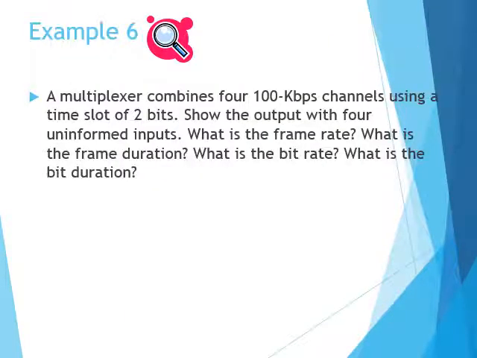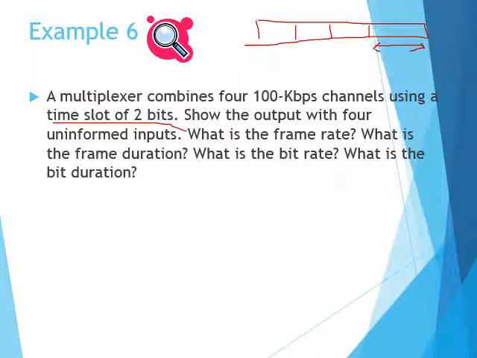Okay, so example 6, this is a bit different because each time slot is 2 bits. It means that we have 4 time slots, and each time slot contains 2 bits. So you need to be careful about this.